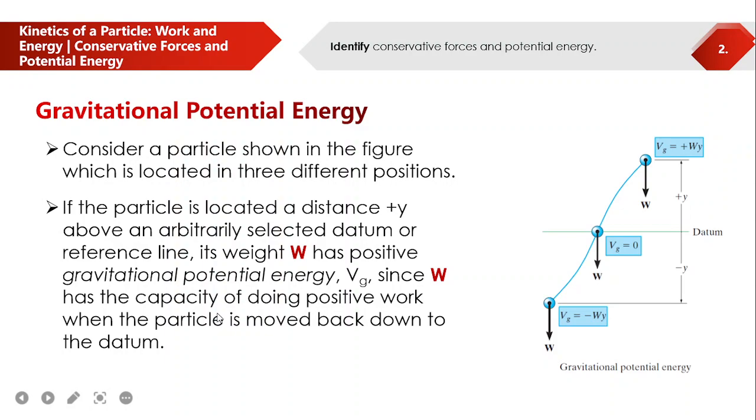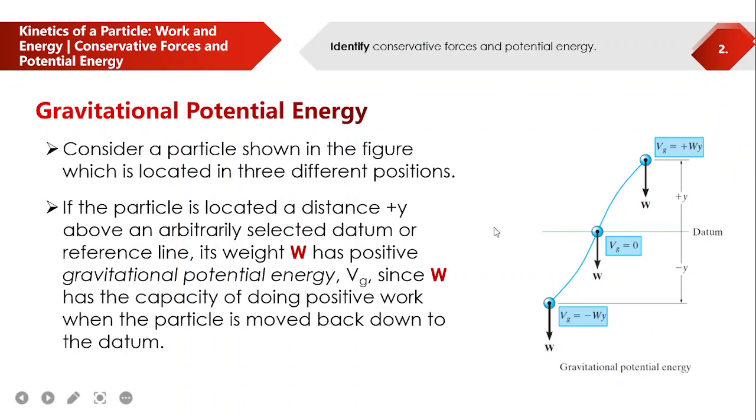So, kumbaga, dalawang point of view. Yung datum line, kung above siya, that will be positive, below siya, negative. Meron din tayong another point of view, kung pabalik sa datum line mo, that will be positive. If away or palayo, okay?